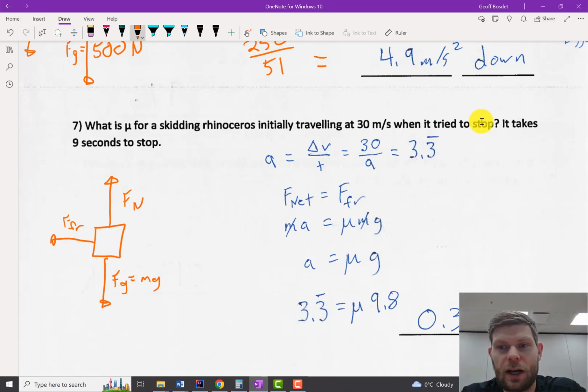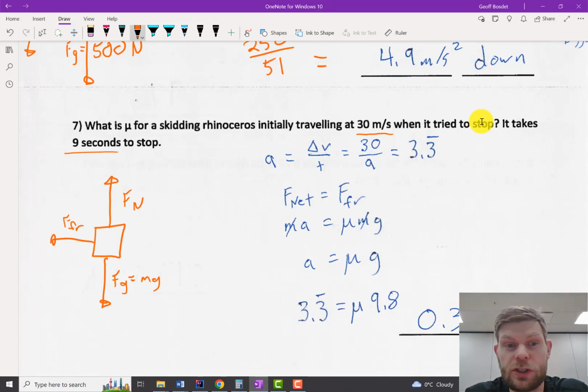Another important thing to note is we're given a bunch of kinematic stuff. So meters per second and seconds is not something that shows up in our forces unit. So we're going to have to use the bridge. The bridge between what we've done before and the current unit is forces. So we're going to use our kinematic stuff, which we got here, to solve for acceleration.